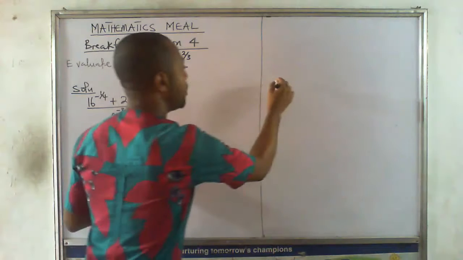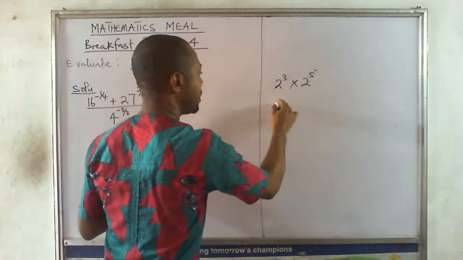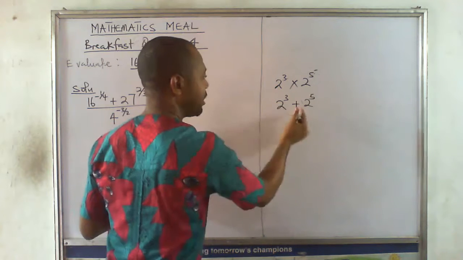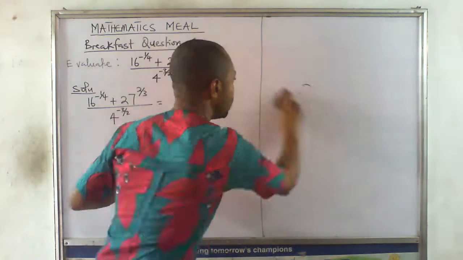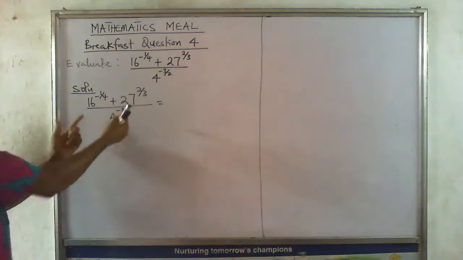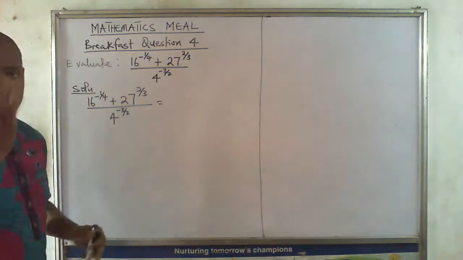So if I have 2 to the power of 3 times 2 to the power of 5, I can add the powers. If I have 2 to the power of 3 plus 2 to the power of 5, you cannot add the powers, because the operation there is addition. So the only thing we need to do is to solve them one by one.